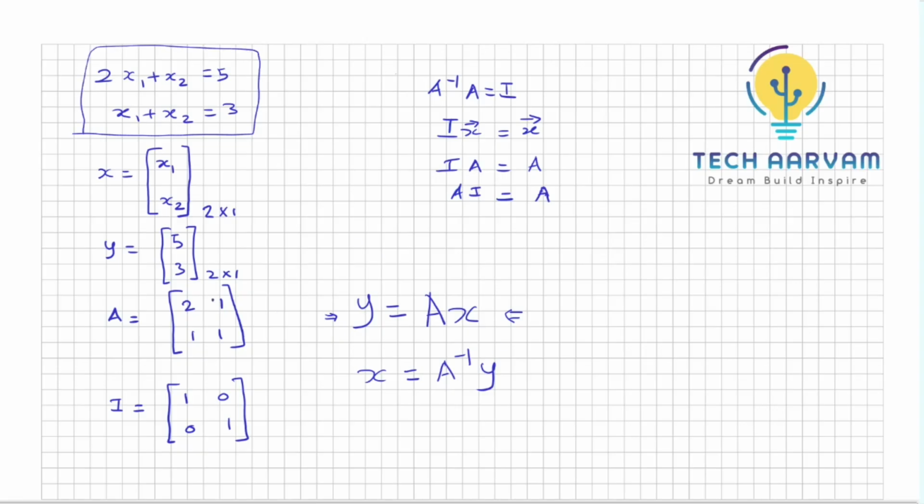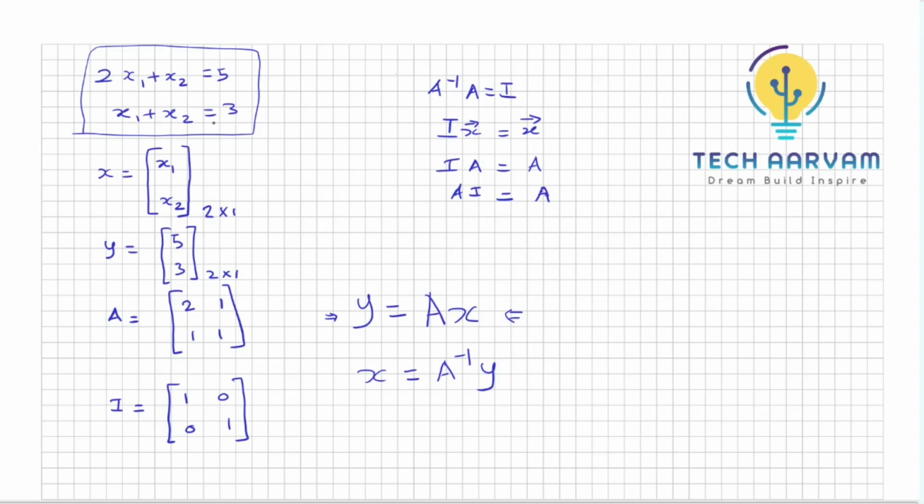If we take these matrices, write them down and do the matrix multiplication, we take one row at a time. The 2 and 1 are row number 1. We will flip them over and multiply that with x1 and x2, add them up. That will give us 2x1 plus x2, which will be equal to 5. So this is a matrix way of representing the same equation.